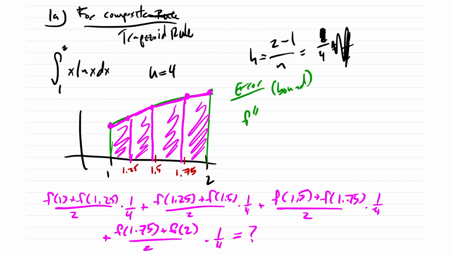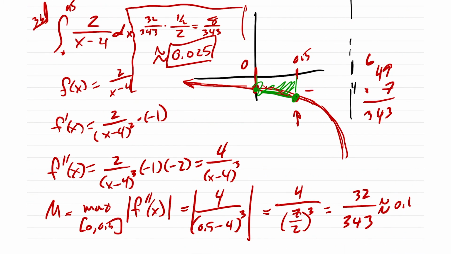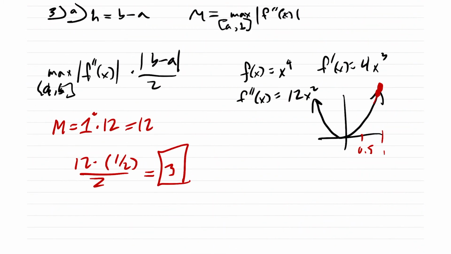It's going to be f double prime of x, taking the maximum over the interval 1 to 2, times h divided by 2, h squared divided by 2, I think. Did I get that wrong? Hold on.